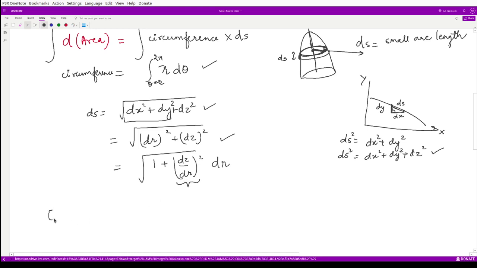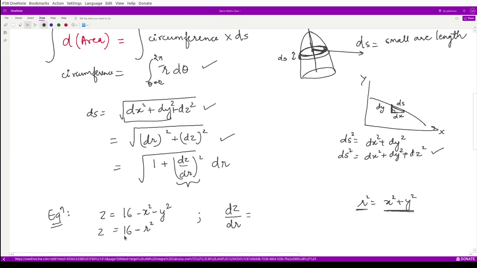In the equation of the given curve, we are given z is equal to 16 minus x square minus y square. So we can calculate the derivative of this z with respect to r. Your r square is equal to x square plus y square, you already know the relation between polar and Cartesian coordinates. Therefore z is 16 minus r square.